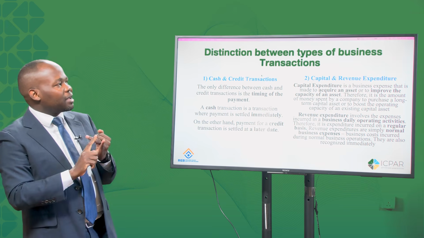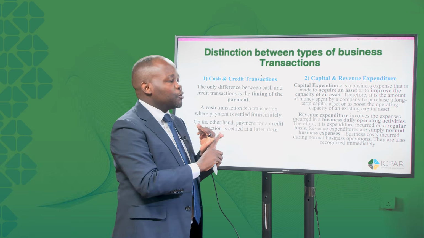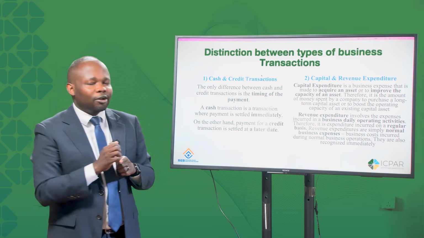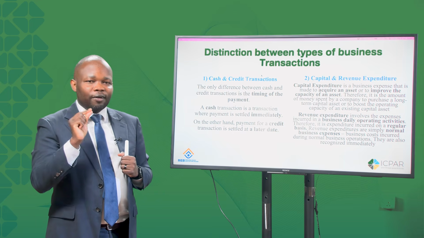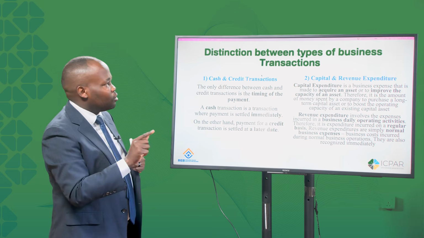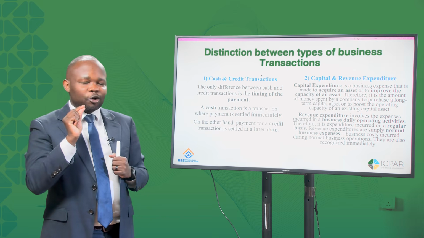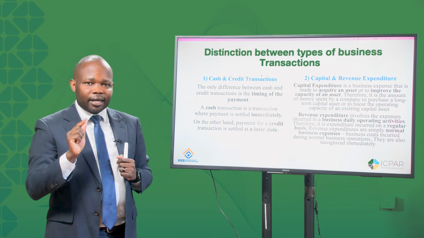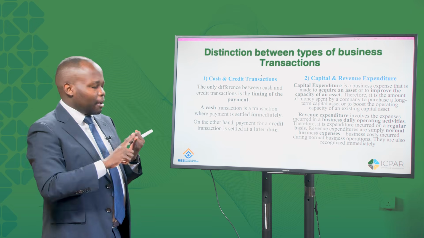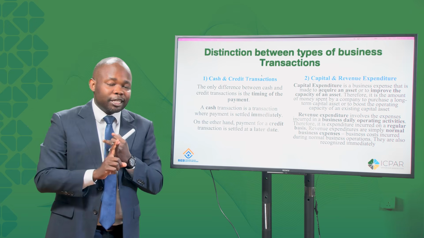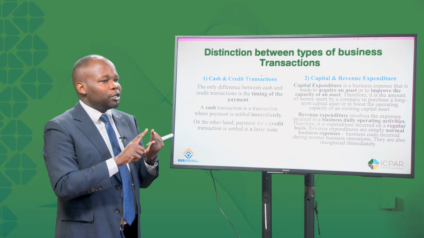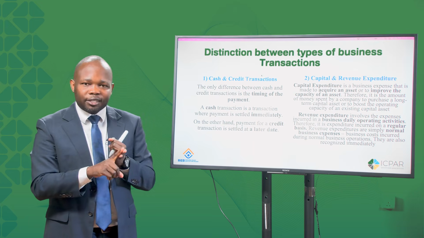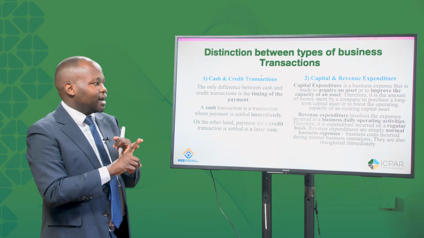On the other hand, when we come to capital and revenue expenditure, capital expenditure is expenditure on acquisition of non-current assets or improvement on the capacity of the non-current asset. Capital expenditure is expenditure to acquire or purchase a non-current asset or to improve the earning capacity of the non-current asset.